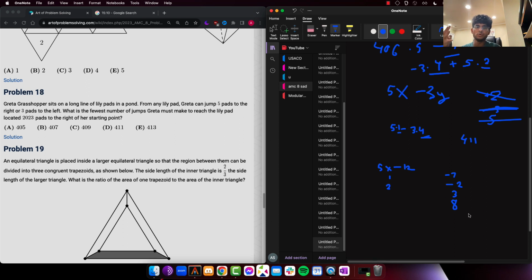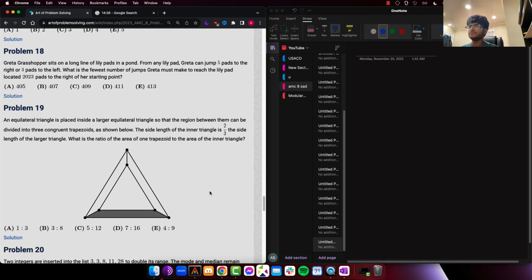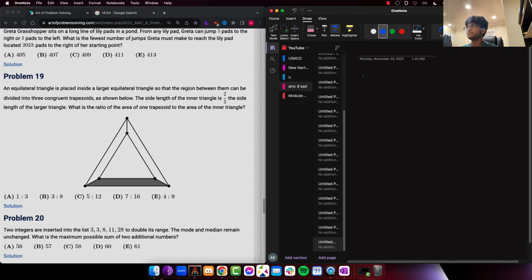So you have at least 4 moves like that, and the rest is handled by moves of 5. But that just depends on how close in the vicinity you already got there. It has to be 411. Like, yeah, okay.